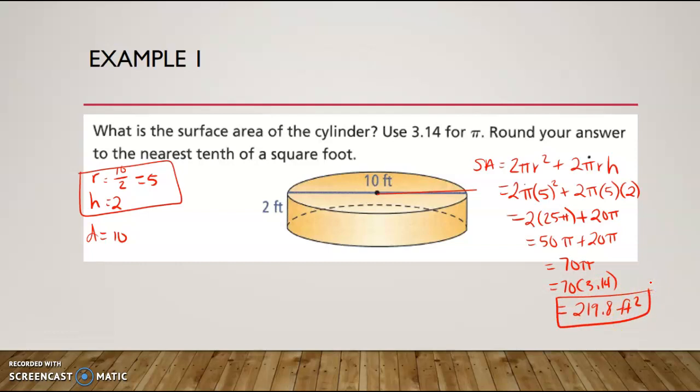So again, if we're given a diameter, the length all the way across our circle, then I have to divide it in half to get the radius, because the radius is half the diameter. From there, I just plug in my radius and my height into my formula and simplify down, and that gives me my answer. All right, that is it for surface area of the cylinder.